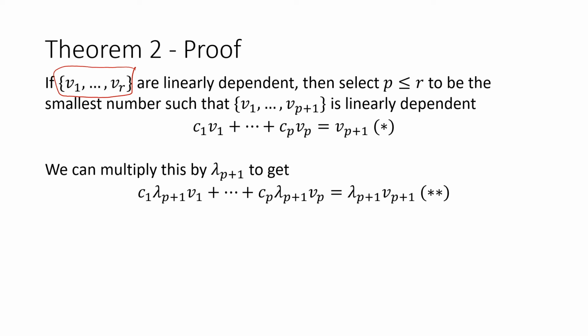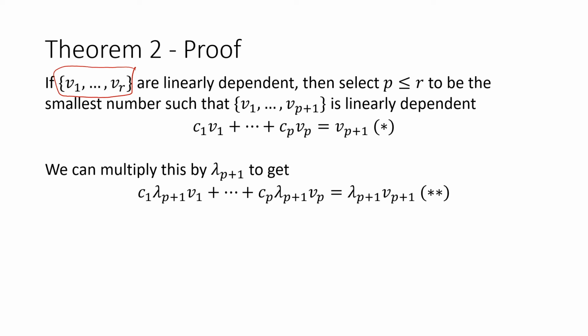So v1 is linearly independent, a single vector. Then v1 and v2, then v1, v2, v3, then v1, v2, v3, v4, and so on. So you're building up one vector at a time. At some point you end up with a set that is linearly dependent, where everything smaller than it is linearly independent.